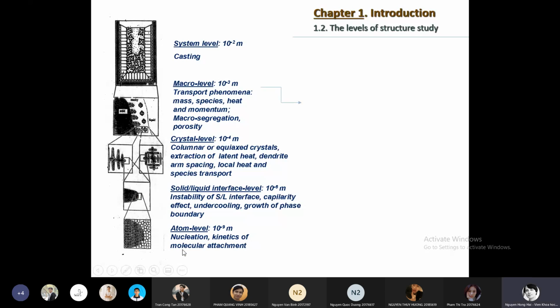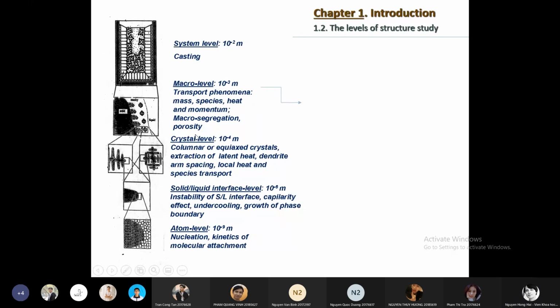So, see, you can distinguish high levels to study the microstructure of the alloy. Atom level, nanometer; solid-liquid interface level, micrometer; crystal level, about 100 micrometers; macro level, millimeter; and system level.